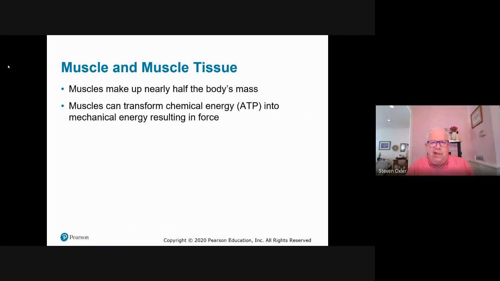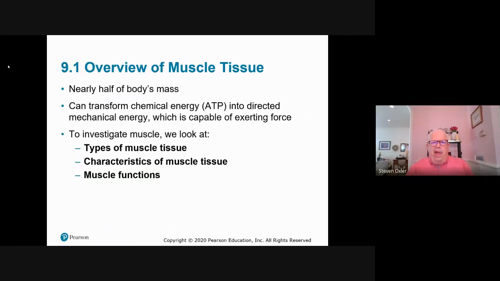And muscles can transform chemical energy, which you know is ATP, into mechanical energy, resulting in force. We need to look at the types of muscle, the characteristics of muscle, and how muscles function.